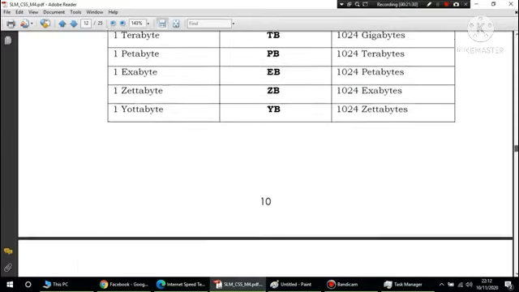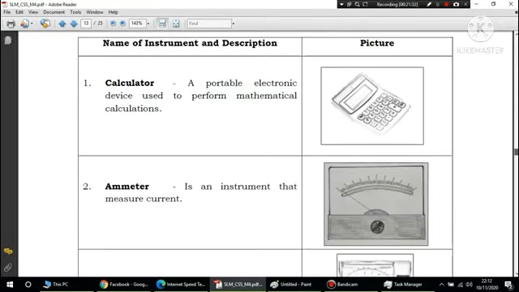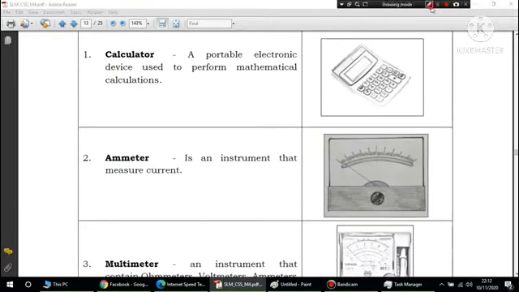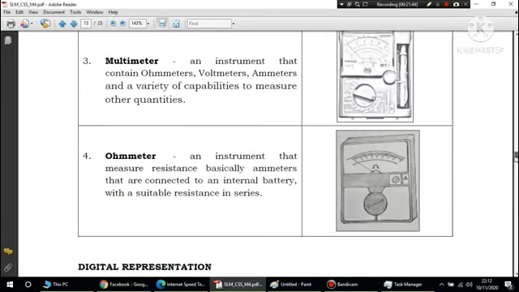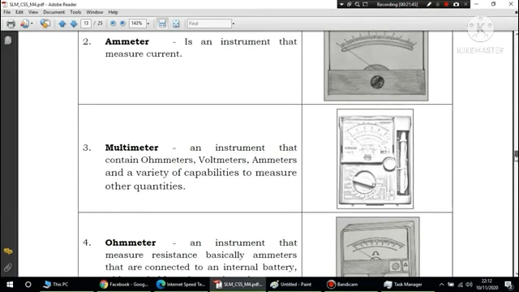Now let's move on to measuring instruments. First, calculator. A portable electronic device used to perform mathematical calculations. Number 2, ammeter is an instrument that measures current.